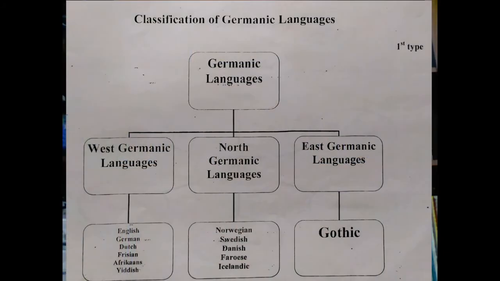Now we're going to classify modern Germanic languages. Germanic languages are grouped into 3 groups: West Germanic languages, North Germanic languages, and East Germanic languages. There is no living East Germanic language.